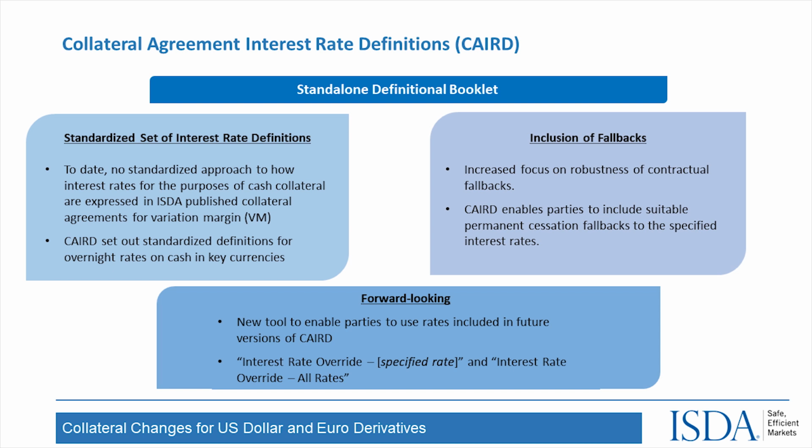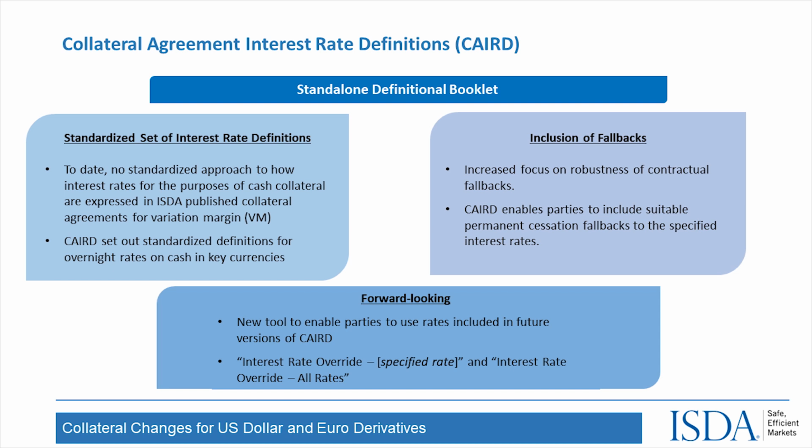These definitions were really created to respond to two related issues. Firstly, it's always been something of an anomaly that among all of the standardized definitions that ISDA produces, there's never been a standardized set of definitions for interest rates for use in collateral definitions or collateral agreements.